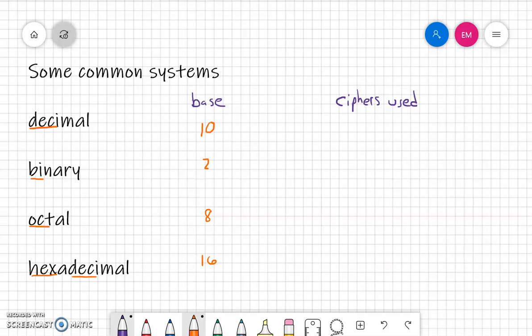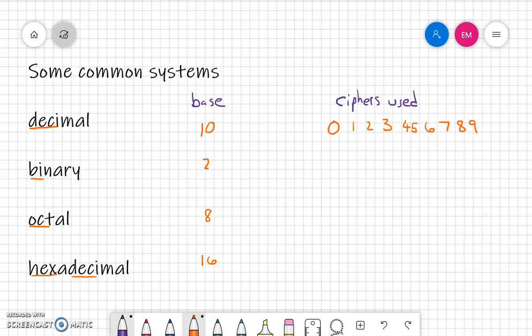Now, as far as the ciphers used, there are going to be 10 ciphers used in a base 10 system. Those are the familiar ciphers: 0, 1, 2, 3, 4, 5, 6, 7, 8, and 9.